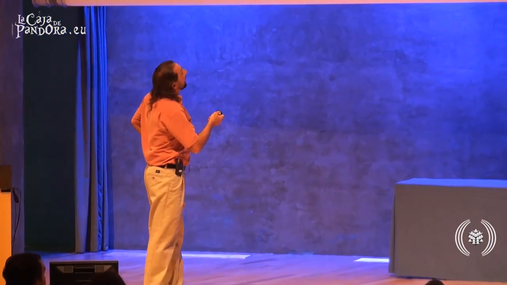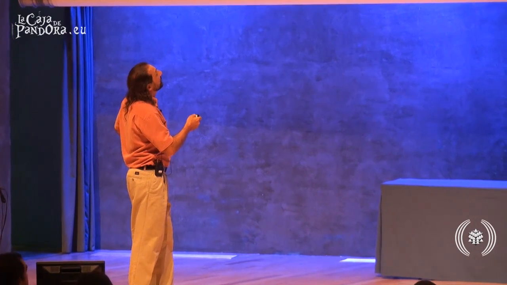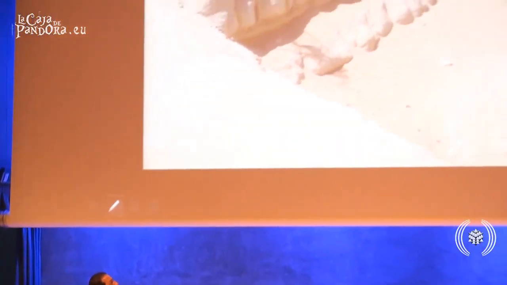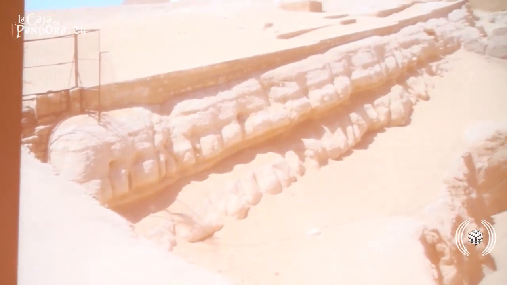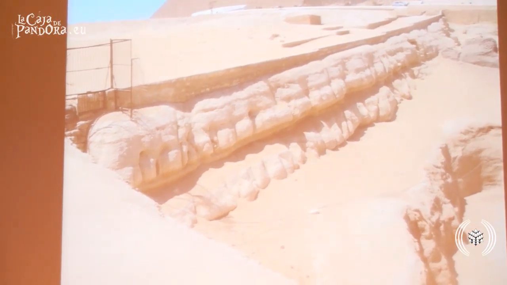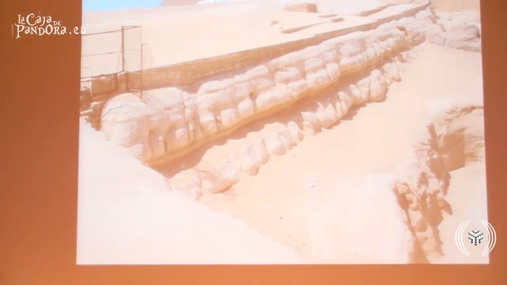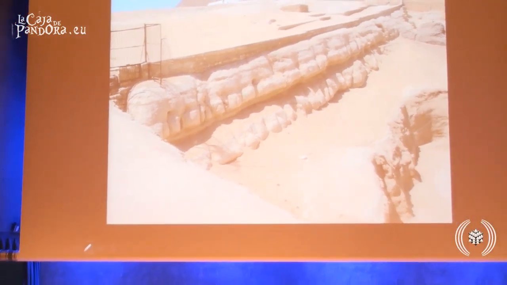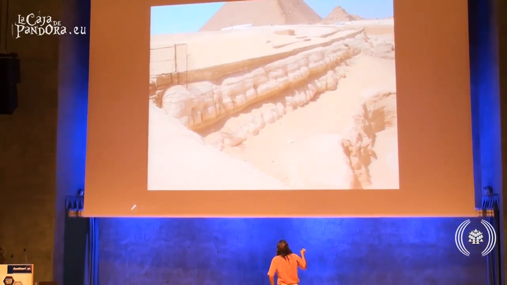Now, if you look at the enclosure of the Sphinx, there's actually water erosion there. The excellent work of researchers such as Dr. Shaw and Graham Hancock, but John Anthony West showed that this is actually water erosion.